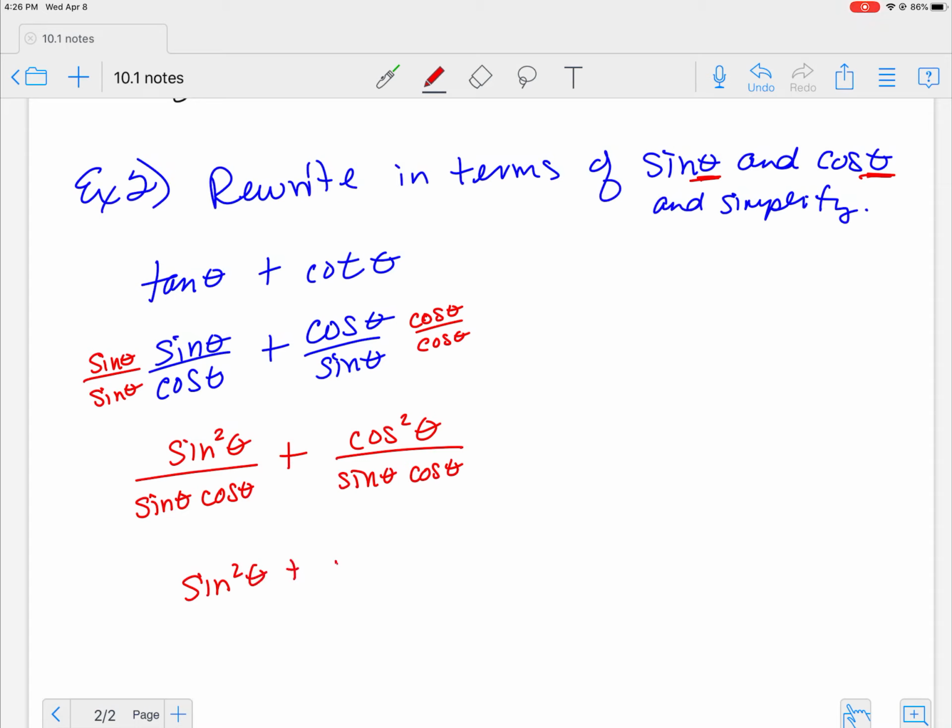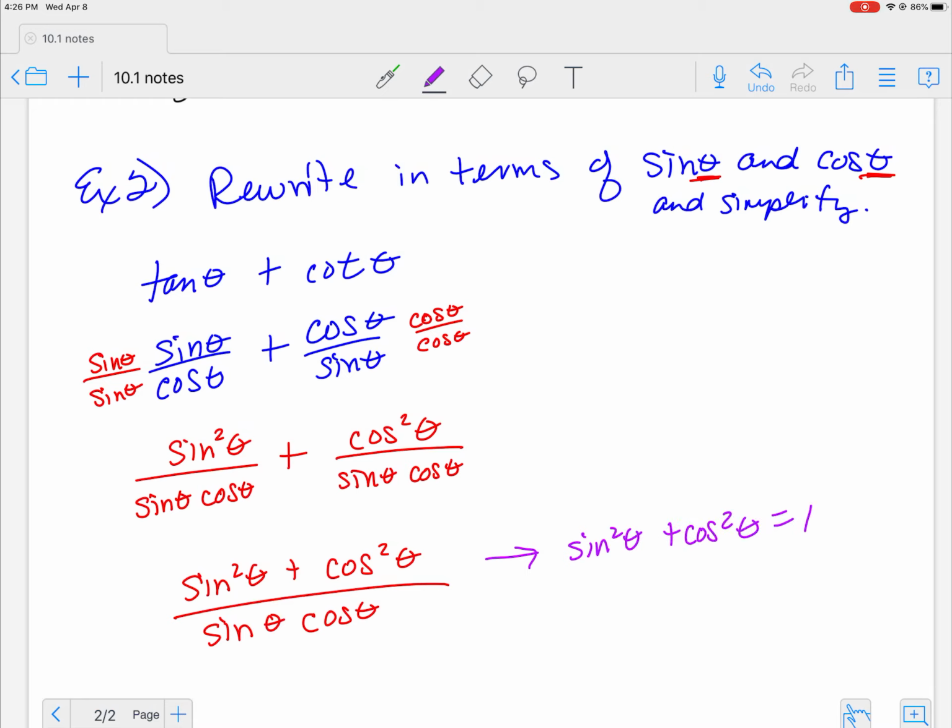And some of you, are you starting to pick up on this a little bit? Here's the point. This is the thinking part that I want you to see. As I'm putting this together, I want you to start thinking about different identities. So common denominator, add the numerator, sine squared theta plus cosine squared theta over sine cosine. Now, think back to all of your identities, and here's the key.